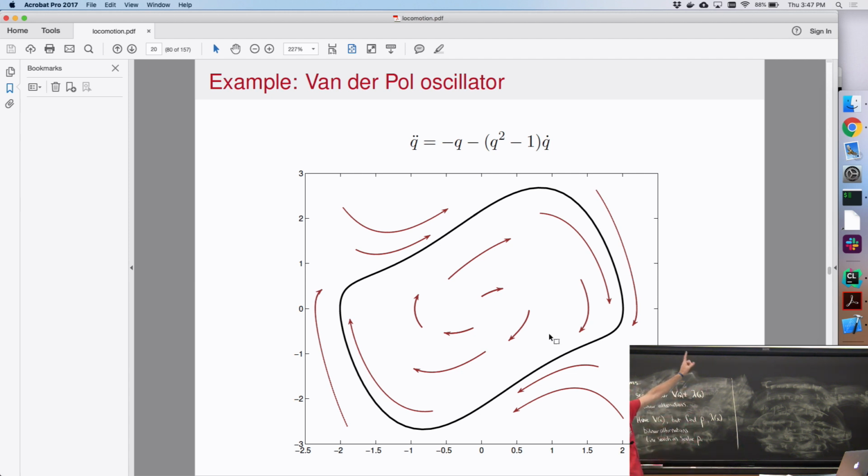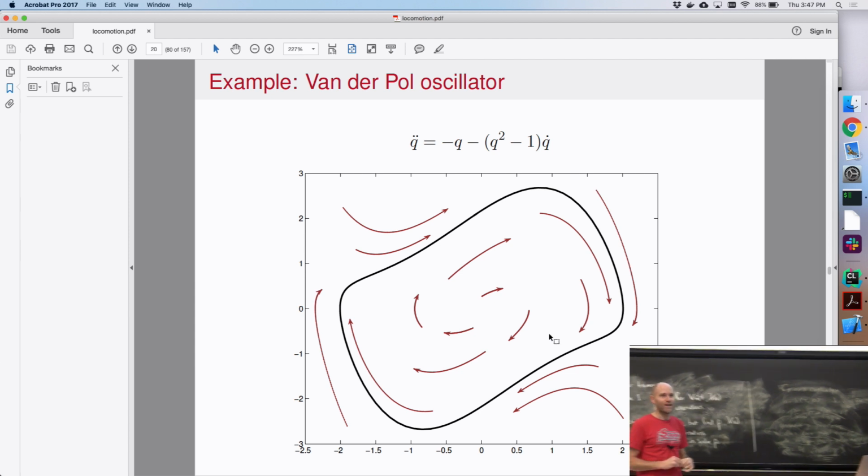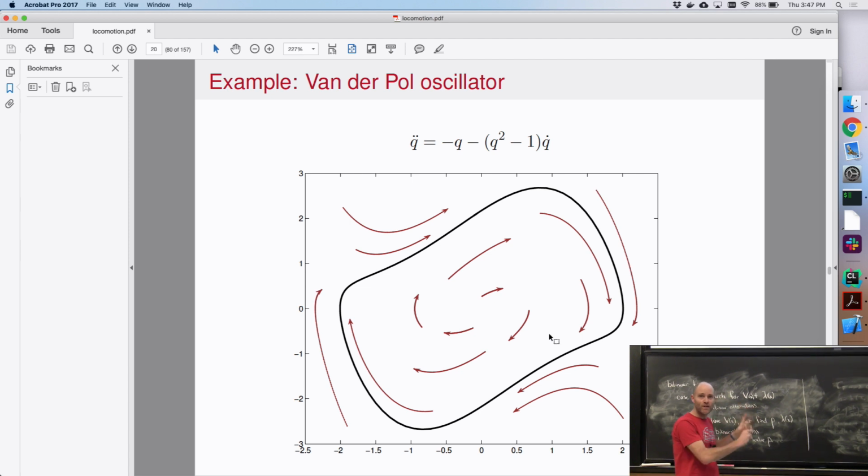The system that we use as a region of attraction example is the time-reversed van der Pol oscillator. Take the same equations, put a negative sign in front of it, and that's like running the van der Pol oscillator backwards in time. And what does that do? Now all those arrows change direction.